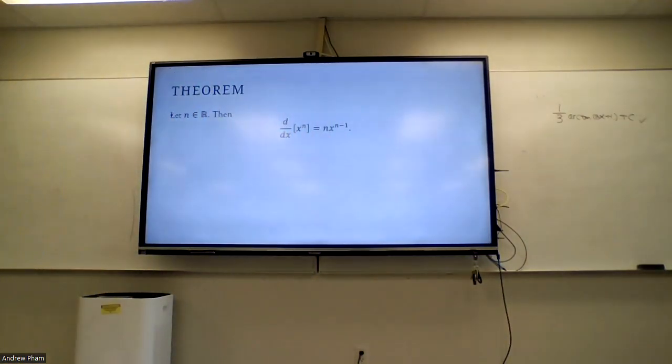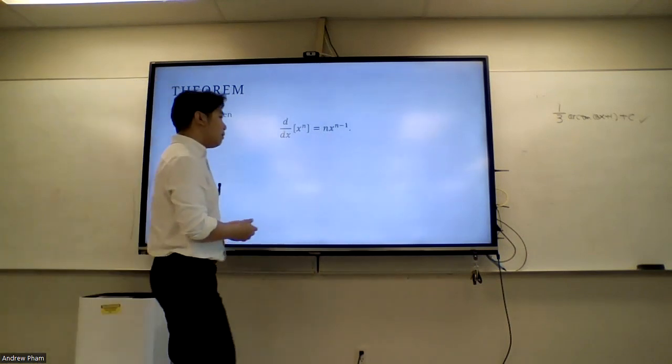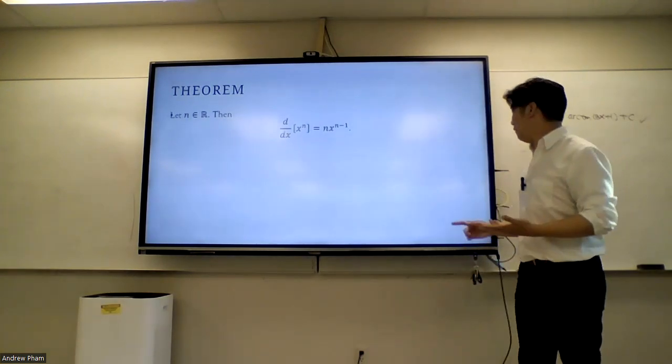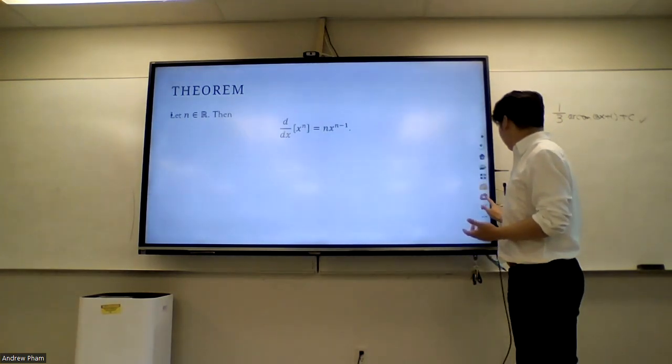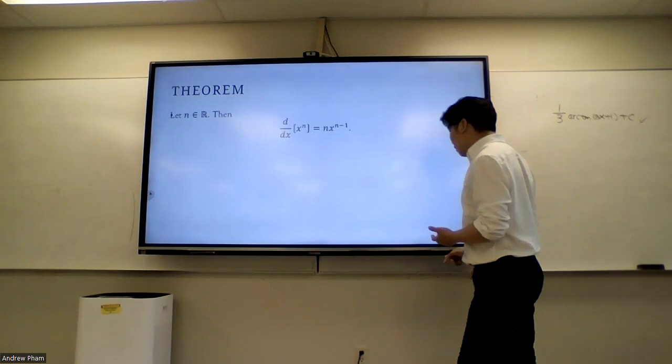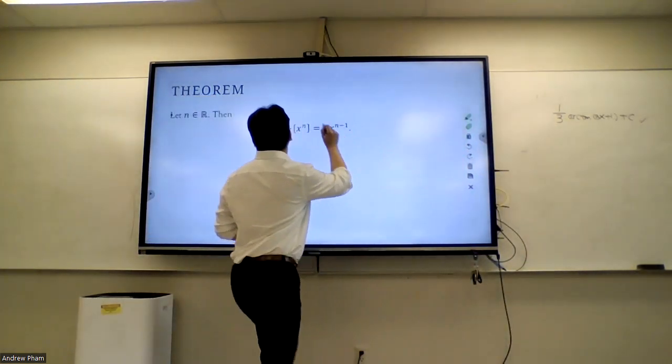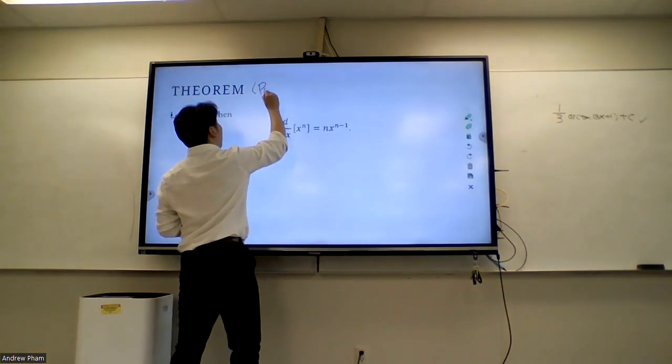And this theorem actually has a very particular name. This theorem is actually called the power rule for derivatives. So I'll go ahead and write that up here. As I said, this is often called the power rule.